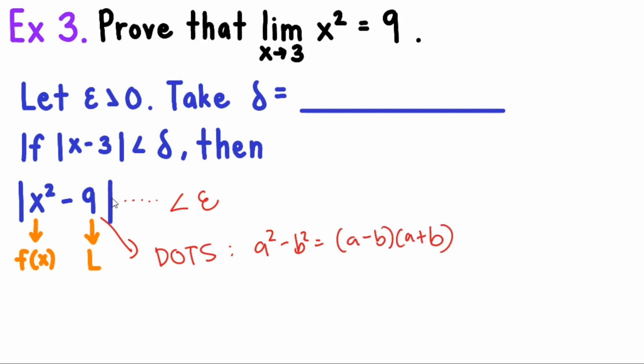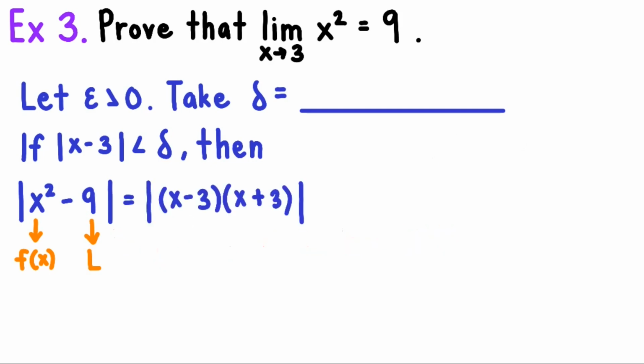So applying this in this expression, this one is equal to the absolute value of x minus 3 times x plus 3. And by property of absolute value, we can split this one. So we have the absolute value of x minus 3 times the absolute value of x plus 3.